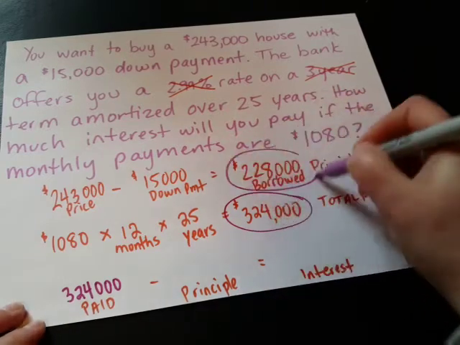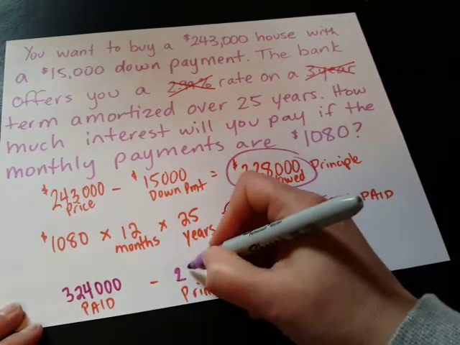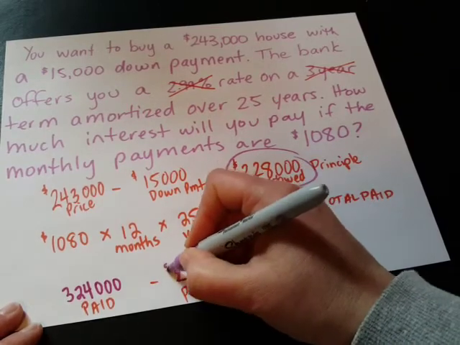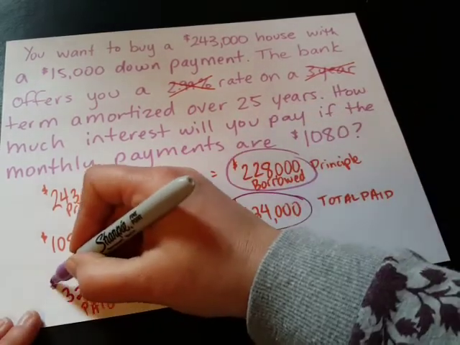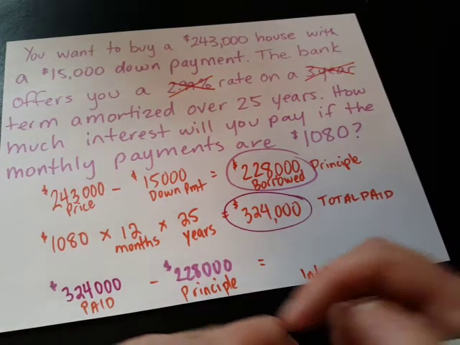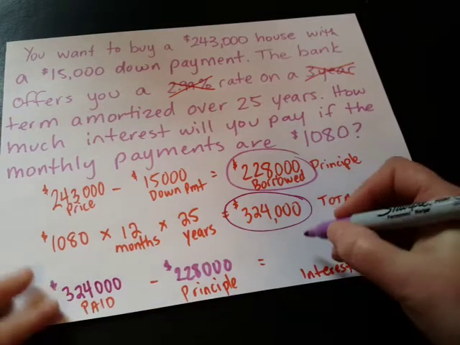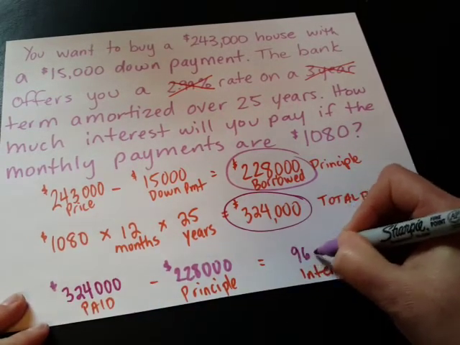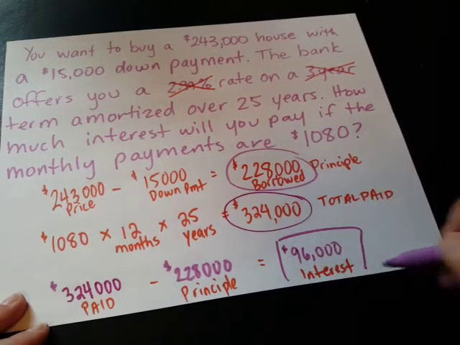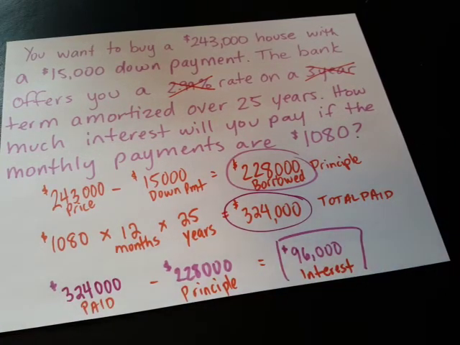We borrowed $228,000. The interest that we've actually spent now is $96,000. So this is actually extra money that we've spent on the house that's gone. This is the cost of borrowing.